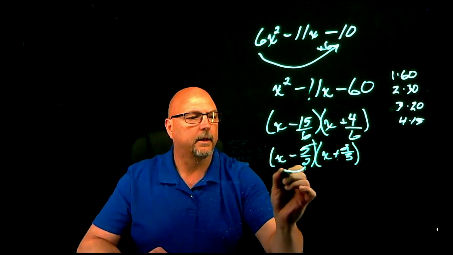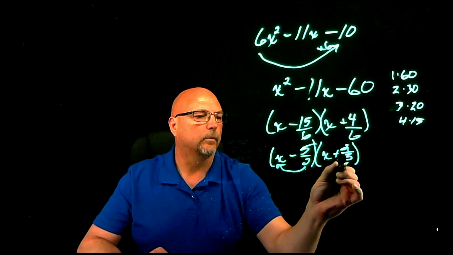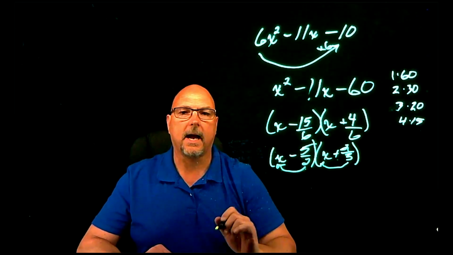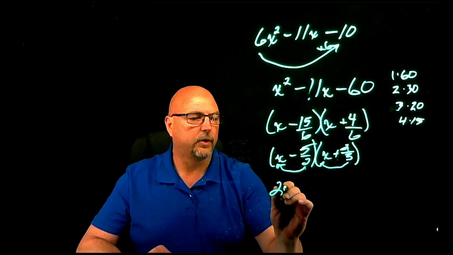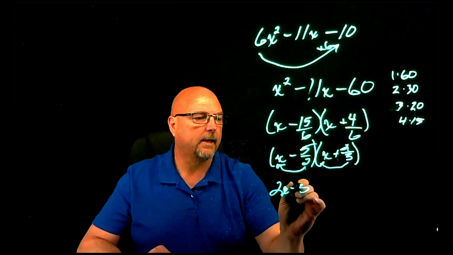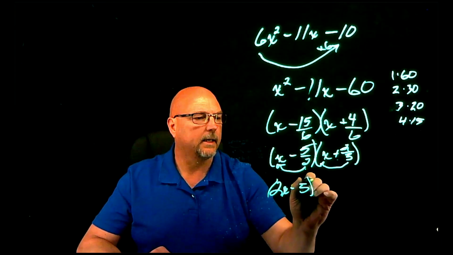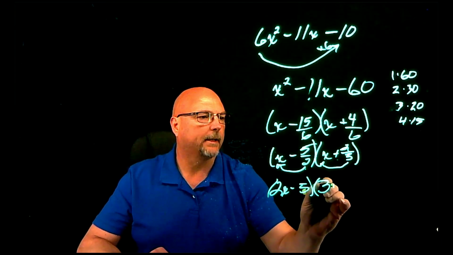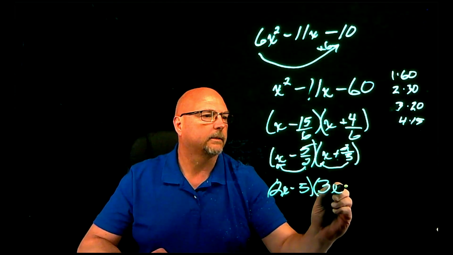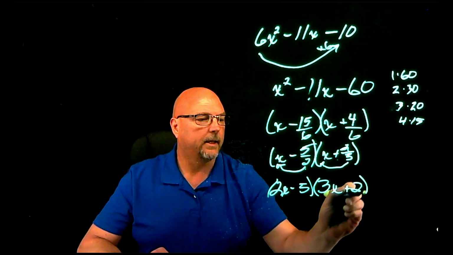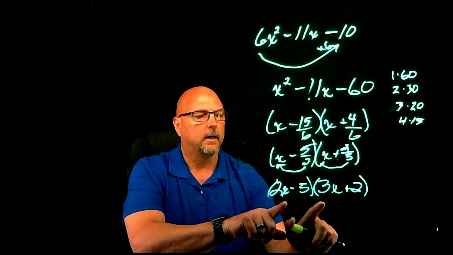Then in the last step, you move this back out in front of the x. So we have 2x minus 5 times 3x plus 2.